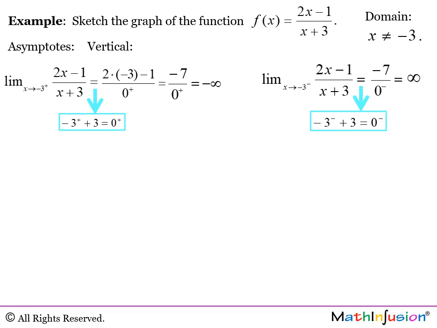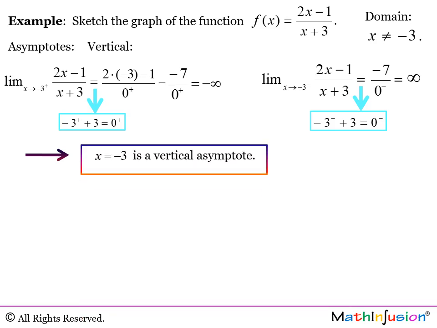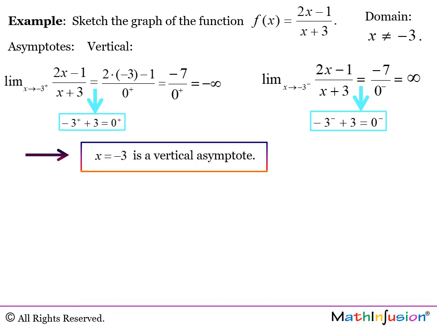We conclude then that x equals negative 3 is a vertical asymptote of the graph of the function. Now we need to find the horizontal asymptotes. For this, we will need to take the limit of the function at plus minus infinity. Well, we can use L'Hopital or any other method. The limit when x approaches infinity is 2.